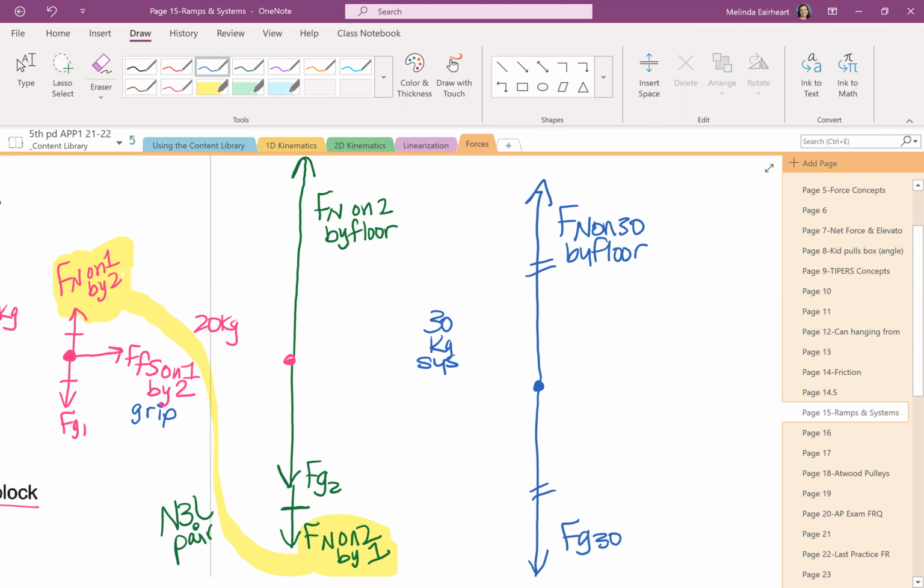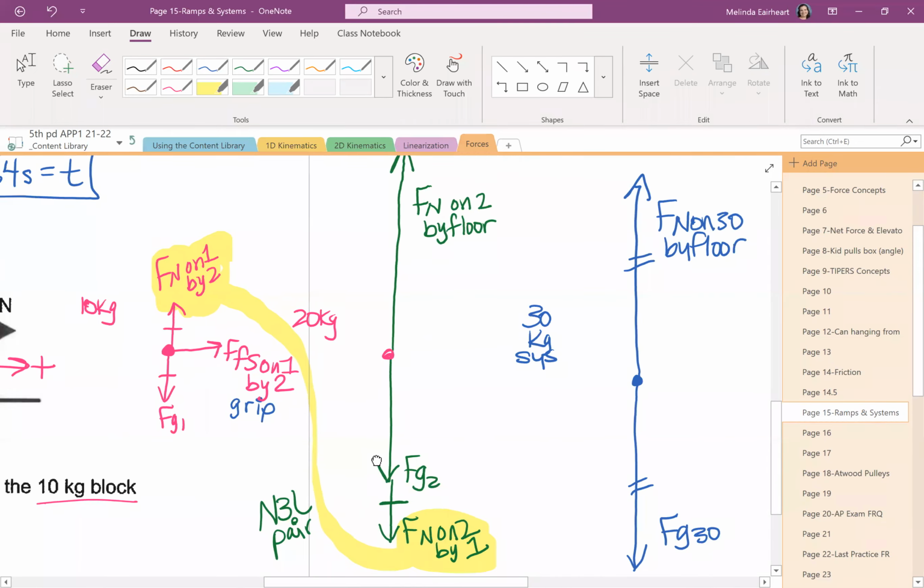Okay. So let's go back to green. Let's finish up the forces just on that 20 kilogram block. What do we got? I can think of at least 2 more, right? Go back to the picture.